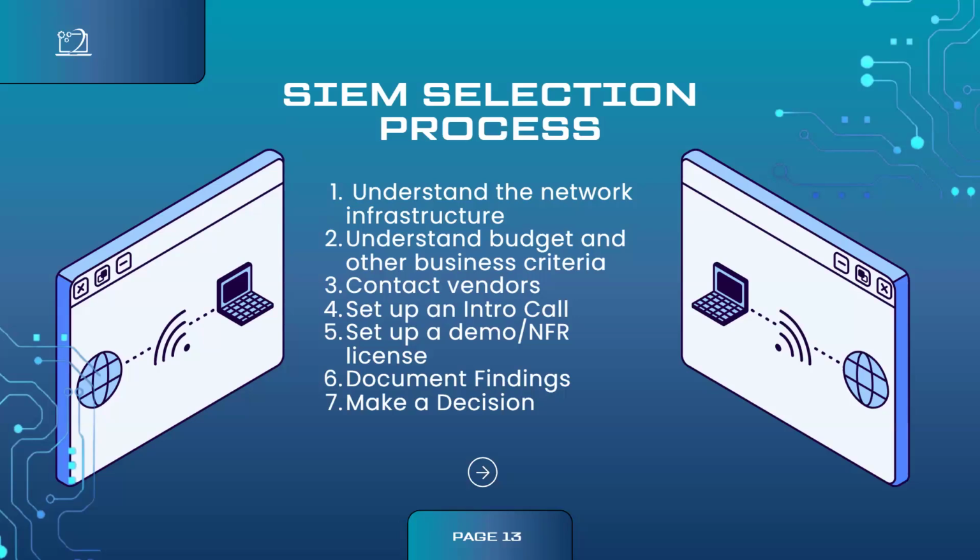But the goal is to get them in contact with one of my bosses, who then set up a demo, because the engineers are able to communicate truly what they want to use the SIEM for, with all their technical jargon. So they set up a demo or a license to demo the SIEM with the client.